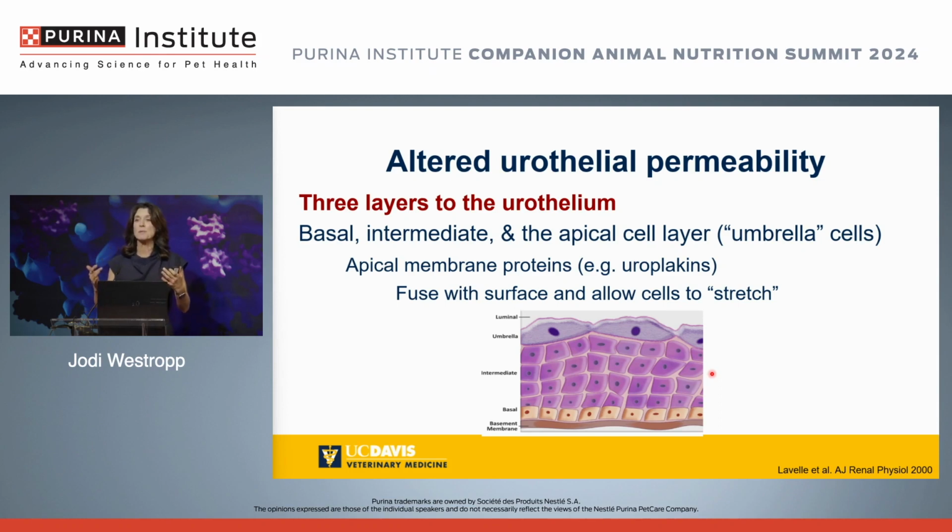And when the bladder is filled and gets distended, those fuse into the cell surface proteins to allow the umbrella cells to stretch and become very, very wide to accommodate urine filling. But when they do that, they maintain their tight junctions between the different cells to keep the permeability barrier.